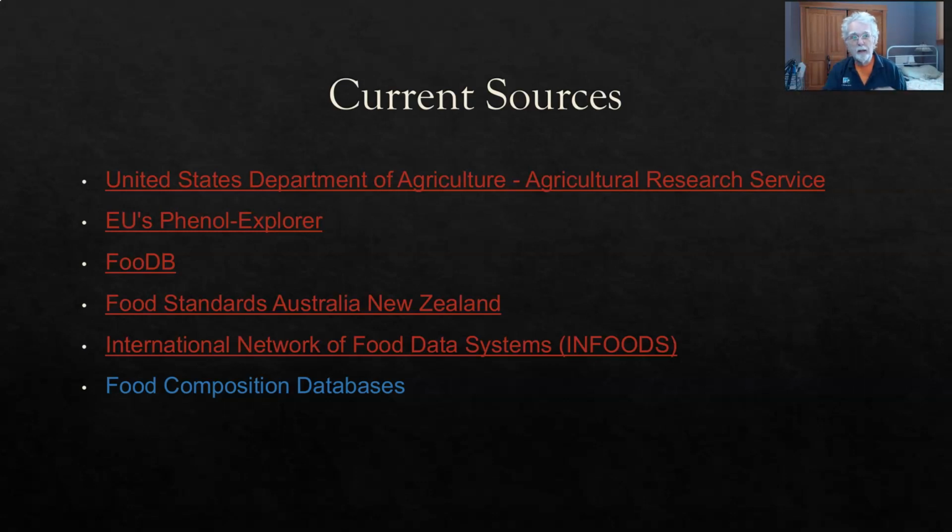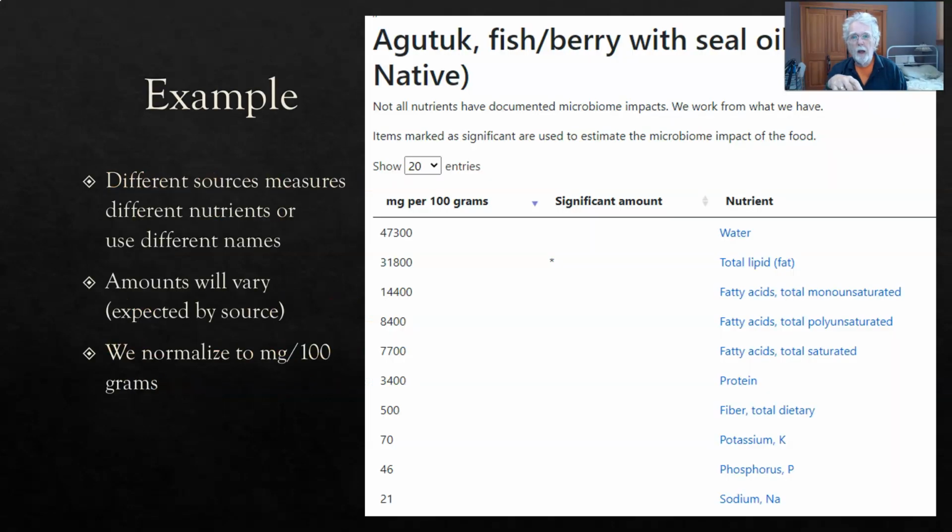And if you happen to be a native in Alaska, guess what? We can tell you which foods native to you you should be eating. So we collect all the information we can from as many sources as we can, put them all into a database, and this will hopefully be growing as time goes on.